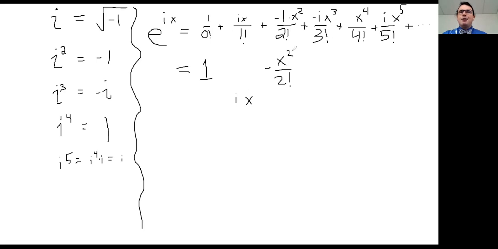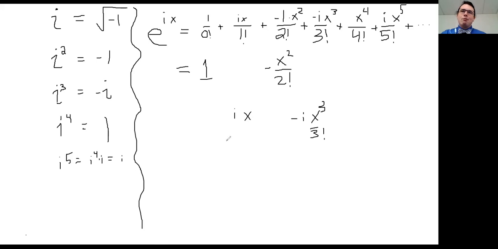Then I'll have the third term here, which also has an imaginary number in it. And what I'm going to do is I'll say I've got x to the power 3 over 3 factorial, and this is times minus i.